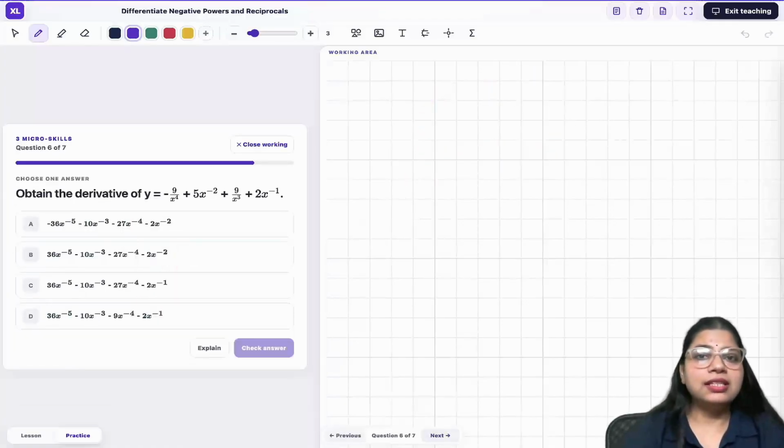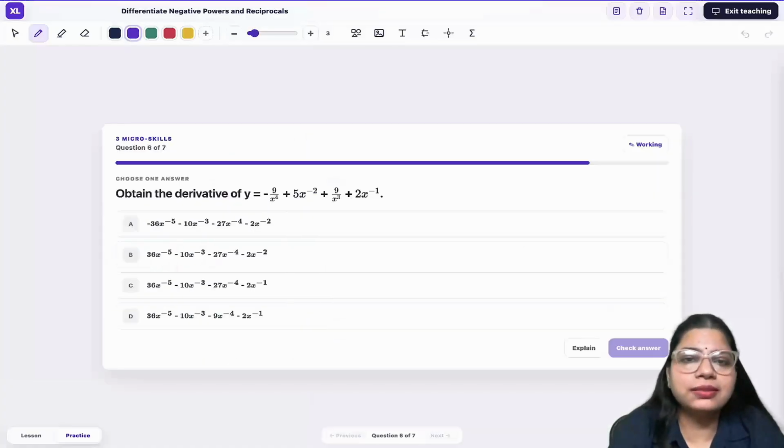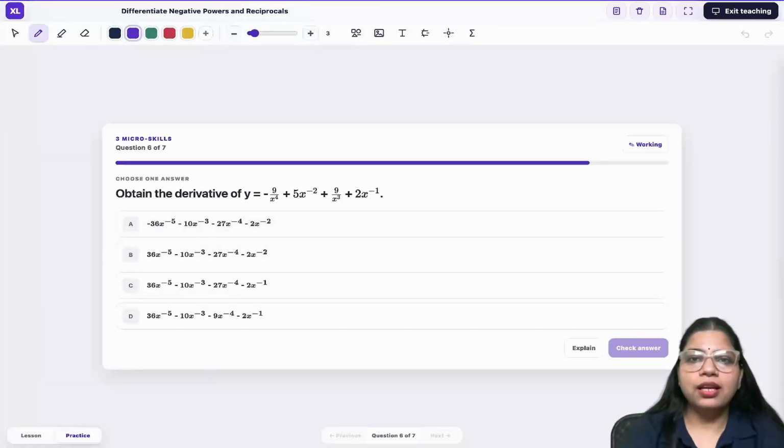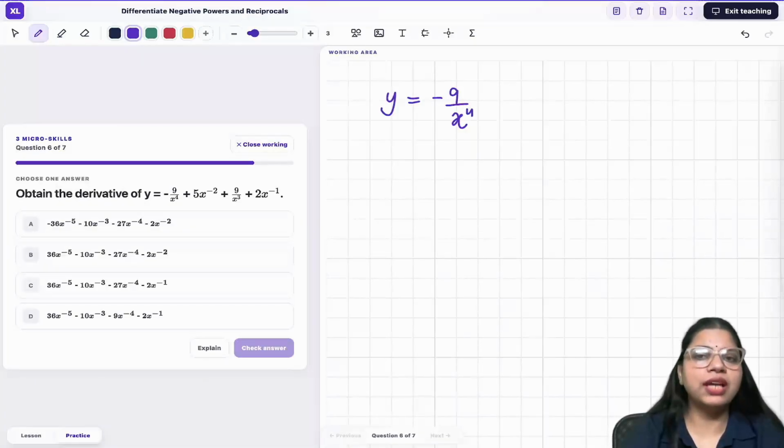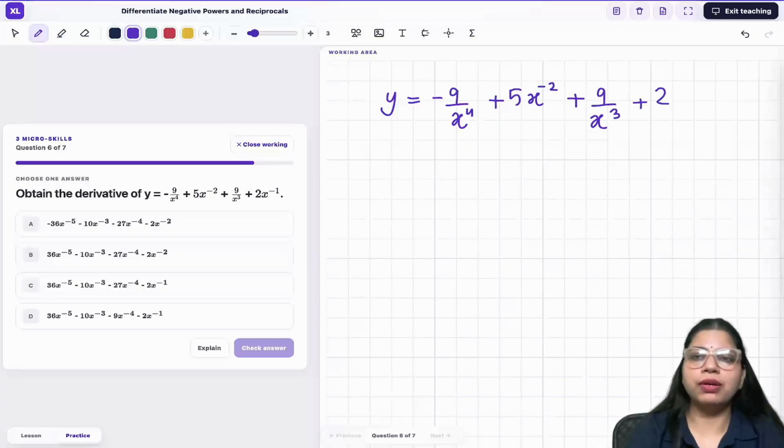Perfect. Some exam style questions. That's a nice one, but we can't do it without a pen and paper. So we will be writing it. I'm just copying it down. Minus 9x over x to the power 4 plus 5x to the power of minus 2 plus 9 over x cubed plus 2x to the power of minus 1.